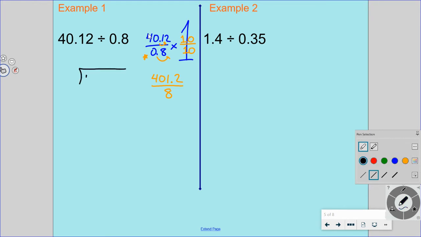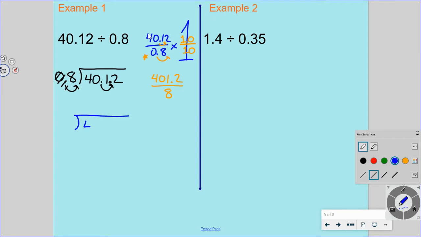So that, ladies and gents, is going to be the first point. When dividing anything, if your divisor is a decimal, change that into a whole number. And of course, you have to be fair. 10 tenths is a whole. So anything you do to the denominator, do to the numerator. Anything you do to the divisor, do the dividend.